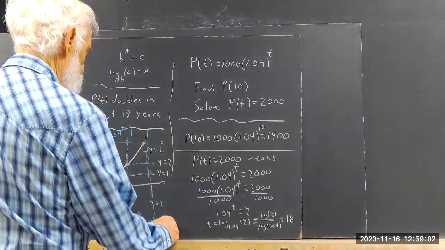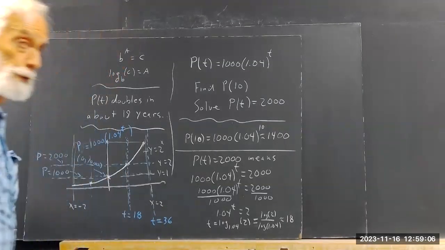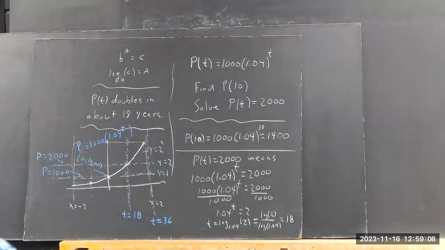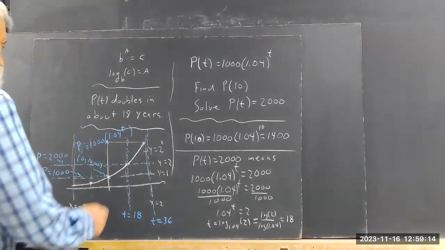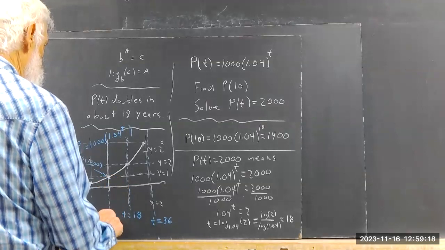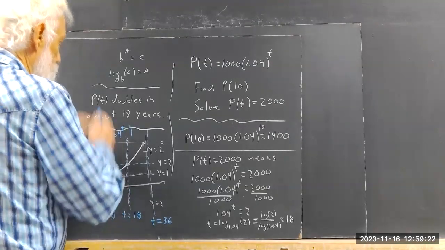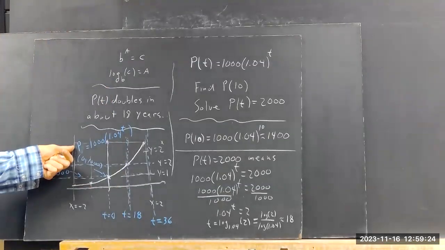So if you think a little bit about it, you got to conclude that t equals 36 here, assuming you know that 2 times 18 is 36. Okay? And hopefully you know that. Makes it hard to think about things if you can't do the basic arithmetic. And of course, t is 0 here because that's the y-axis, or in this case, the p-axis, right?